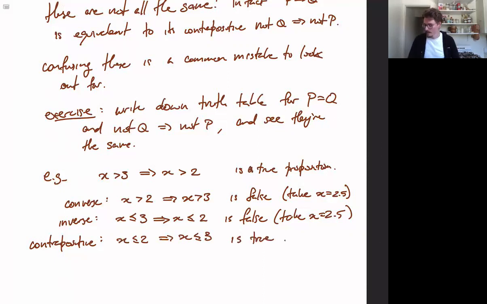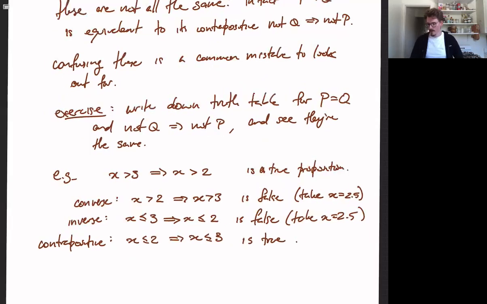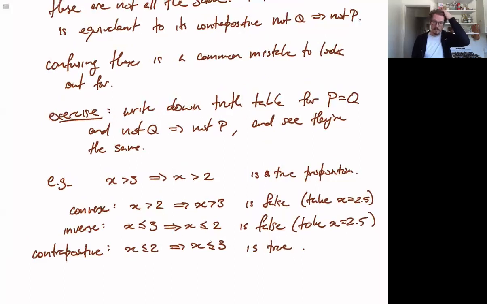As we expected from what I said up here. Because if a number is at most 2, then it is also at most 3. Okay, so that is a little introduction to a bunch of different logical operators and a little bit about how to work with them.